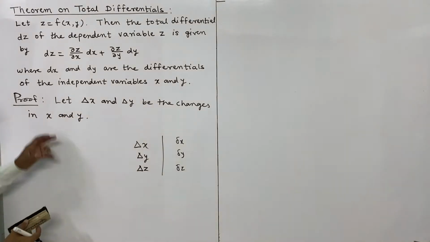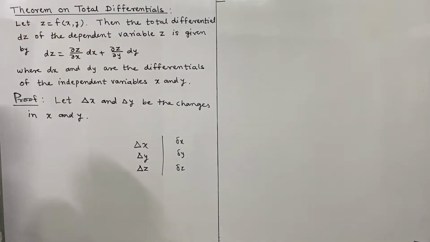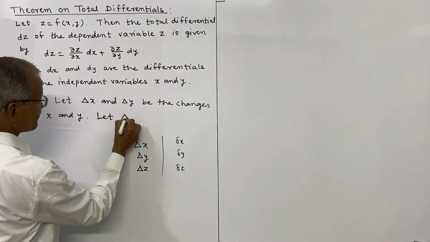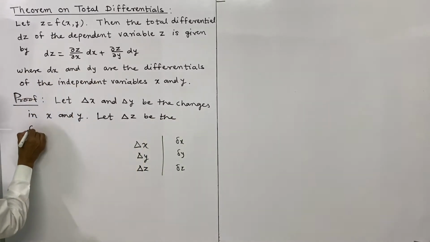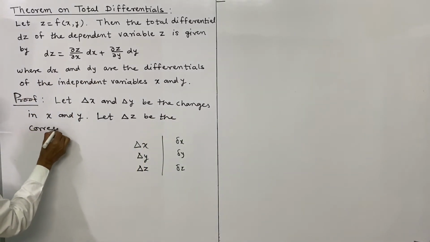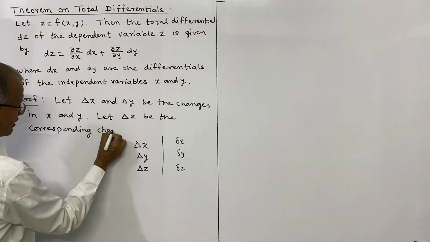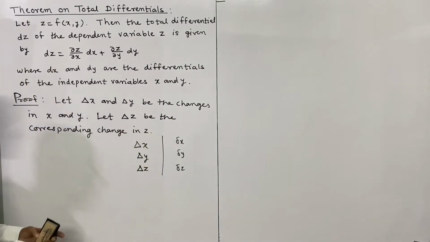And if there are changes in x and y, the corresponding change will be in z, and that change in z we will denote by delta z. Let delta z be the corresponding change, or consequent change, in z.